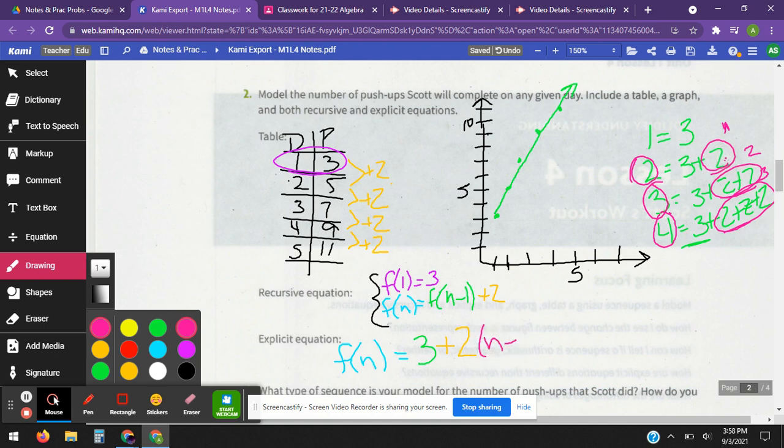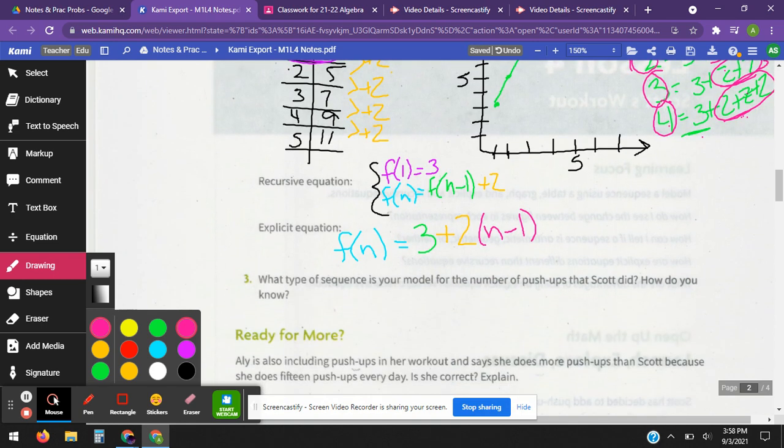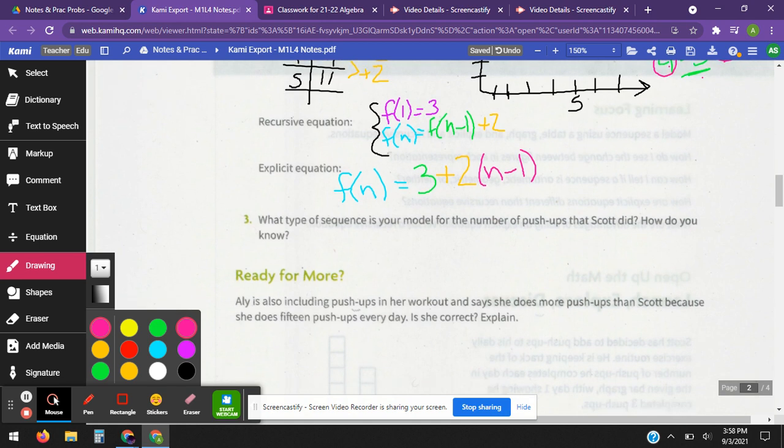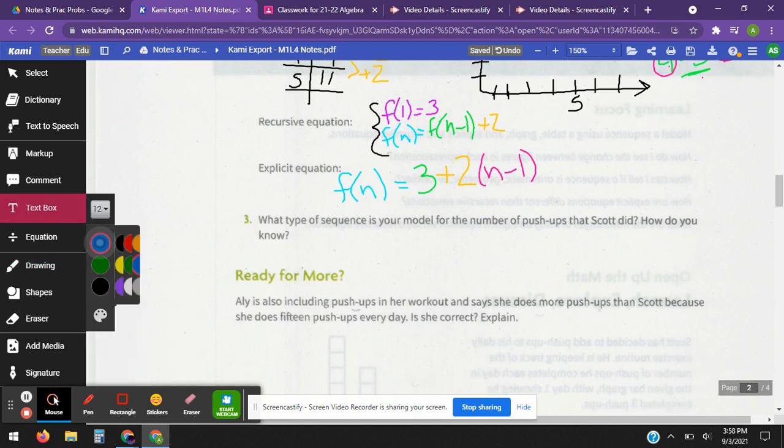So I want n minus 1. What's constant every time and what's changing? This time it's not the term number, it's the term minus 1, term minus 1, term minus 1.